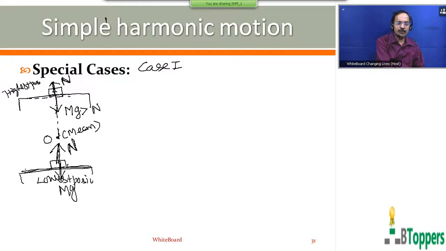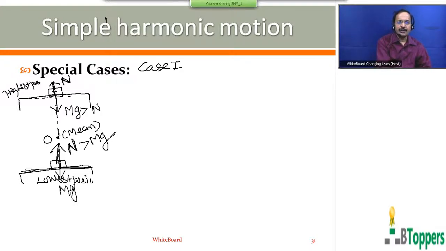But the resultant force of the body performing simple harmonic motion at any instant is directed towards the mean position in linear simple harmonic motion. So the resultant force will be in the direction of the normal reaction force. When two forces act on the body in opposite directions, the direction of the resultant will be in the direction of the force with greater magnitude. So at the lowest position, N will be definitely more than the weight mg.